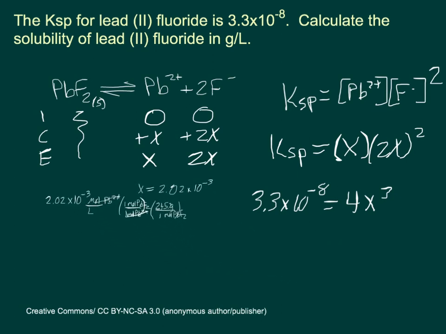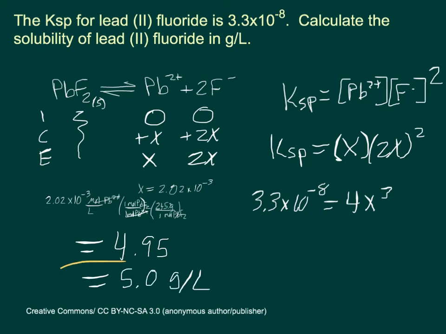Do that out, and you get 4.95, and therefore what we're going to have is, by rounding to sig figs, 5.0 grams per liter.